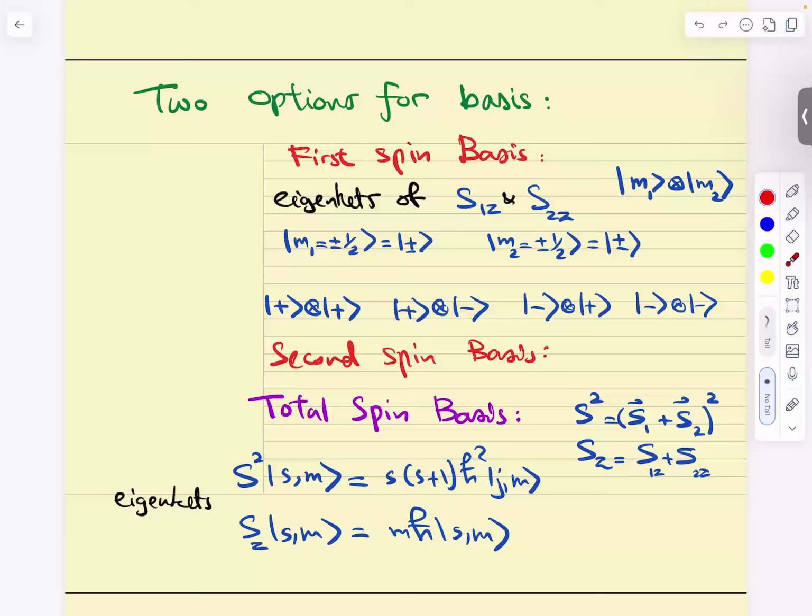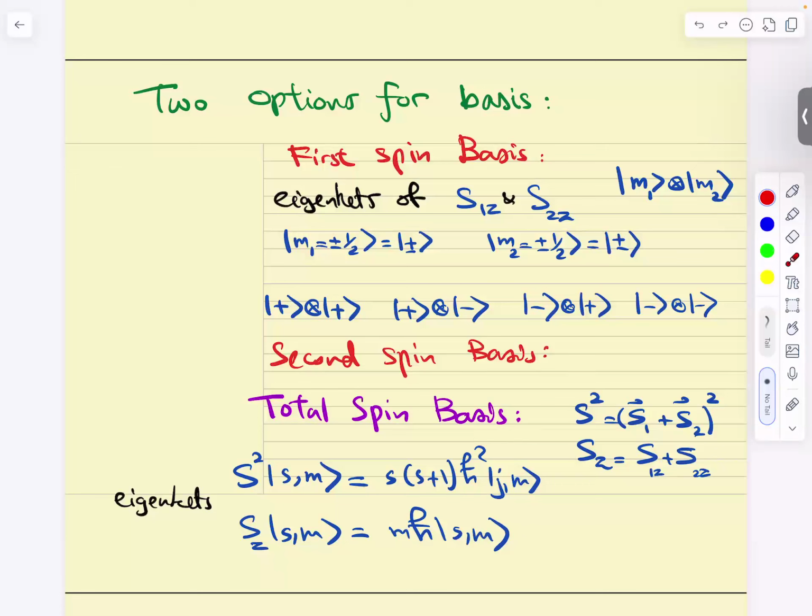But there's another basis. This slide is very important; it basically decides the rest of this section of the course. The second basis is in terms of the total spin. The Z component of the total spin is S1Z plus S2Z, and the total spin squared is S1 plus S2 squared.